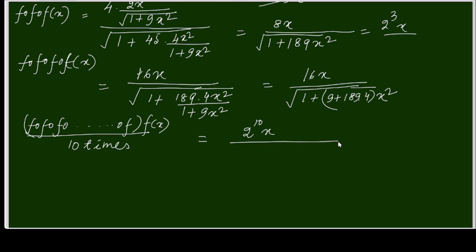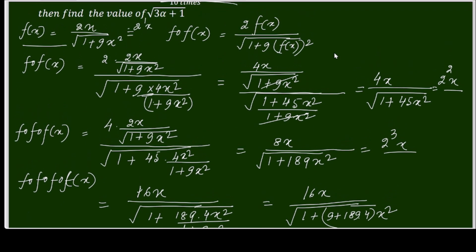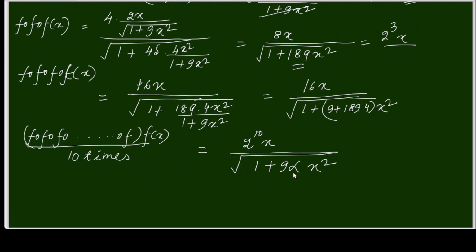The numerator is complete. Now coming to the denominator, it will be 1 plus 9 alpha x squared. So now let us compare the denominators and see the recurrence. First is 9 into 1 x squared, then 9 into 5 x squared, then 9 into 21 x squared, and so on.